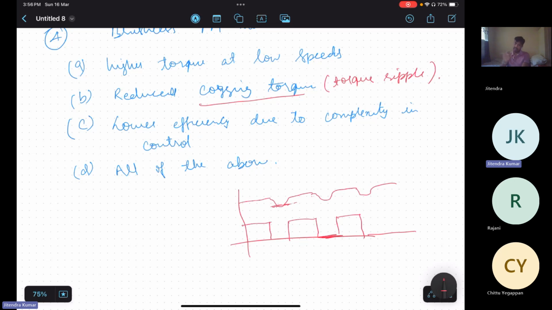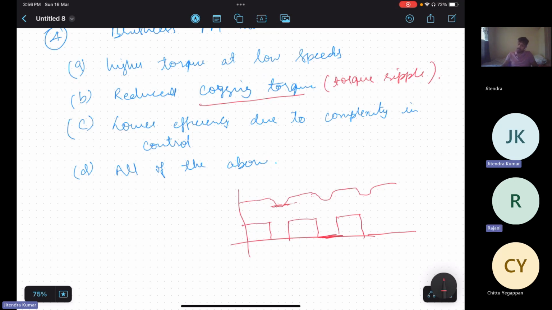If you rotate the permanent magnet rotor at no load, there is also cogging torque. However, at load also we have to overcome that force. So that's why cogging torque is undesirable in any machine. But that is the reason behind any brushed motor, because due to commutation we will not have a uniform torque profile.